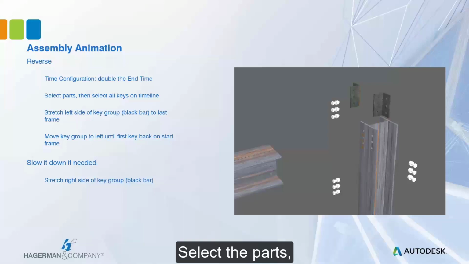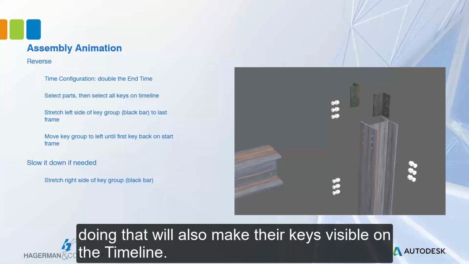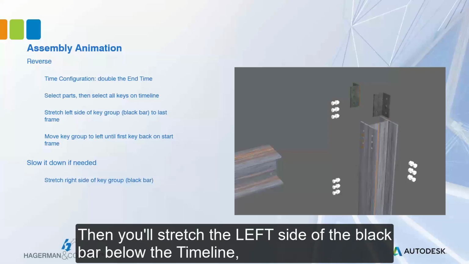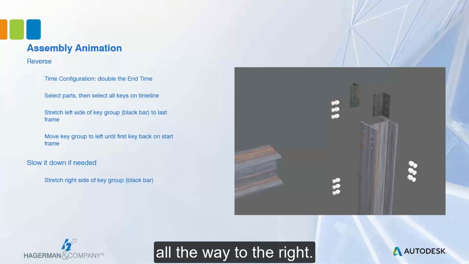You'll select your parts. Doing that will also make their keys visible on the timeline. And then you'll select all of the keys on the timeline. And you can do that with the window selection, just like you do with the objects on screen. And you'll stretch the left side of the black bar that you see all the way to the right.